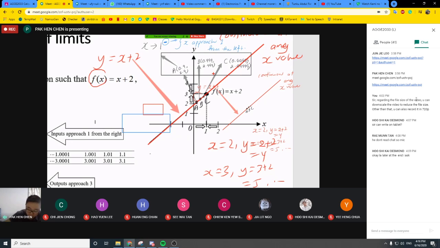Okay, and therefore we can write that limit in terms of limit x approaches 1 negative, f(x), which is from the left, for this function x plus 2.